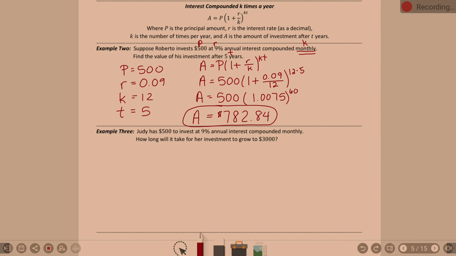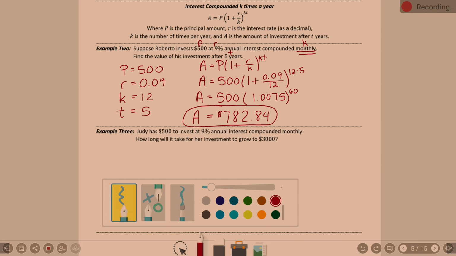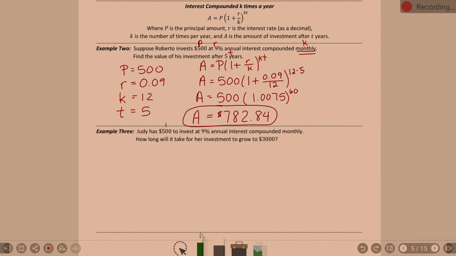Judy has $500 to invest at 9% annual interest compounded monthly. How long will it take for her investment to grow to $3,000? So again, let's write down what we know. Starting amount, $500, so P is 500. 9%, so R is 0.09.